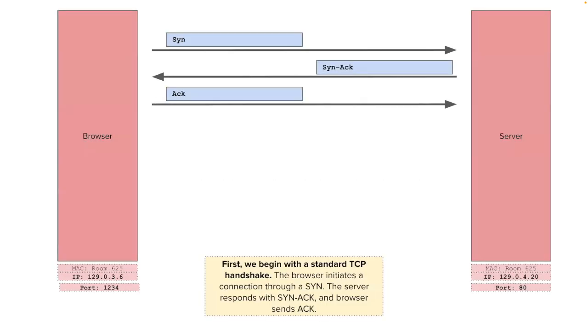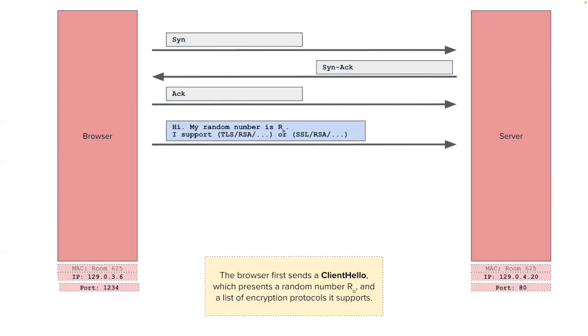So the high-level idea, again, we begin with the standard TCP handshake: the browser sends a SYN to the server, and the server responds with SYN-ACK, and then there's the typical TCP handshake. Something different with TLS is that now the browser is going to send a client hello, which contains a random number, R, and also a list of encryption protocols that this browser supports.